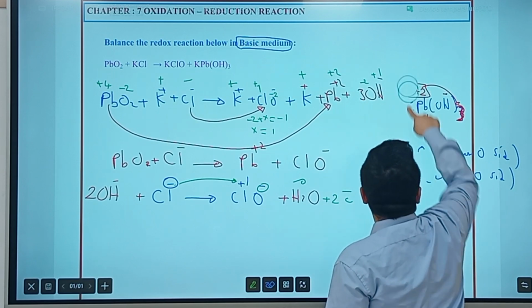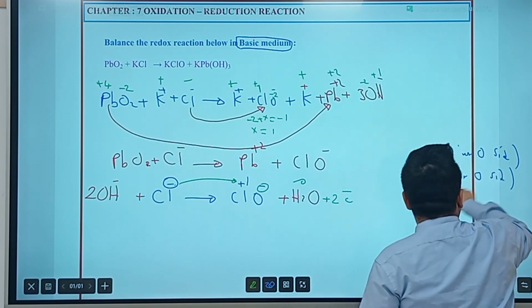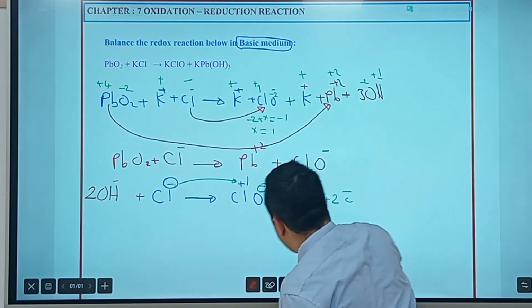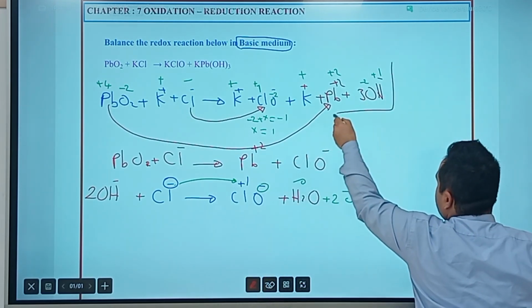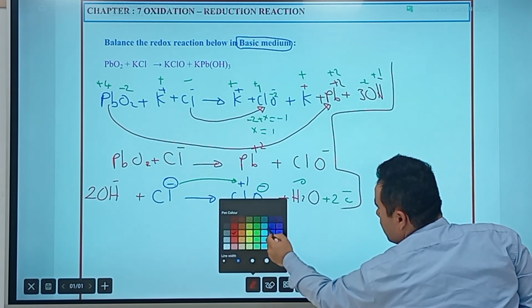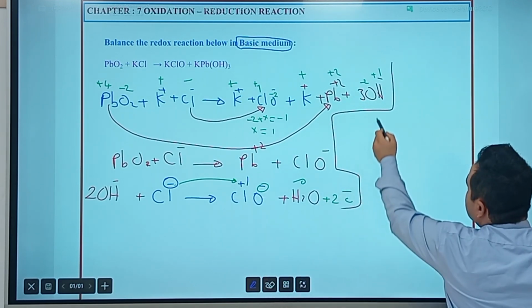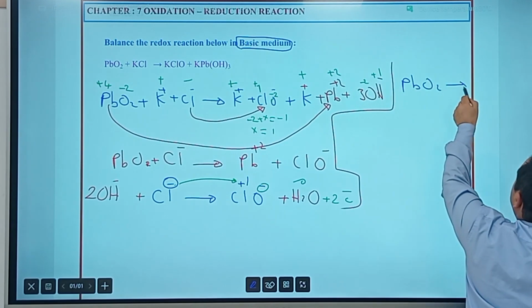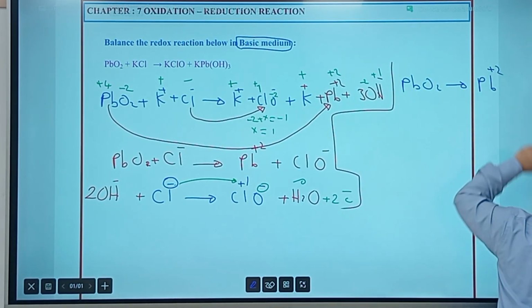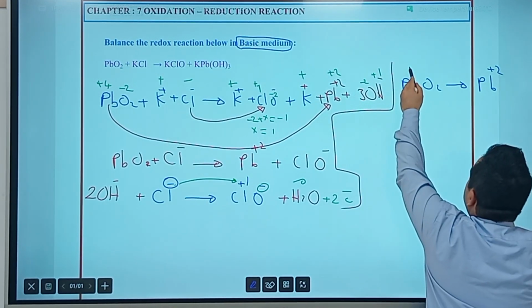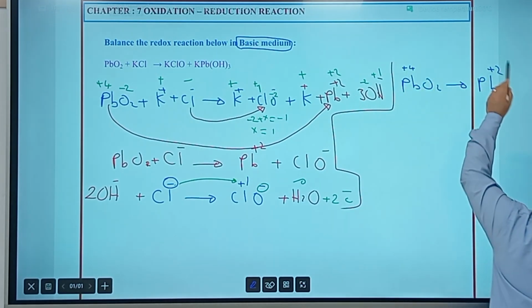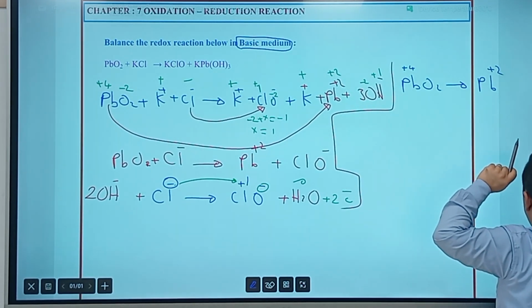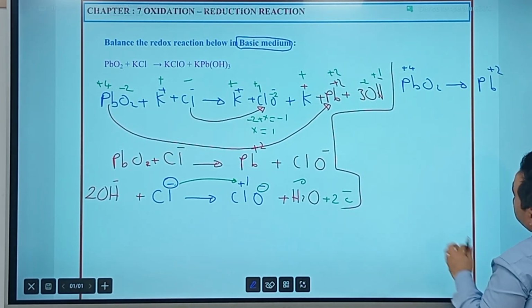Let me just erase this part in order to write the reduction half. For the reduction half, PbO2 goes to Pb positive 2. It goes from positive 4 to positive 2, which is reduction. In the reduction, we have to write the electron in the reactant side.